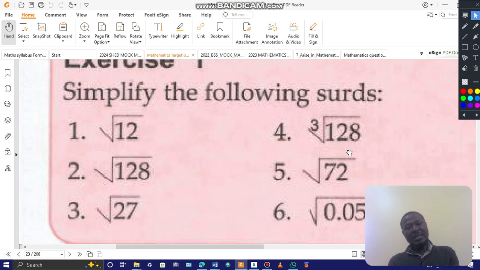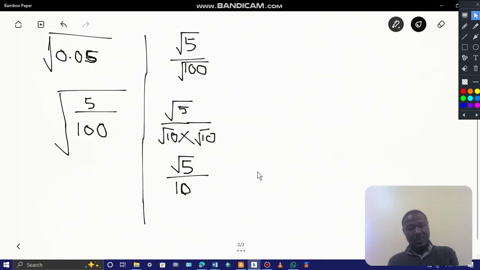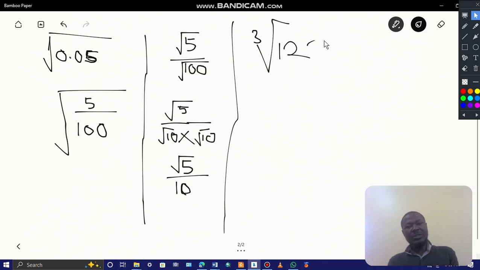Simplify the cube root of 128. Okay, I was supposed to simplify the cube root of 128. To simplify this, what are we going to do? To simplify this one, we first write its factors.